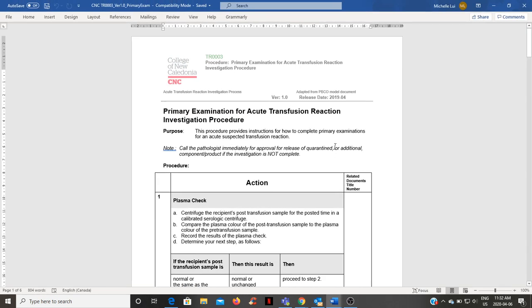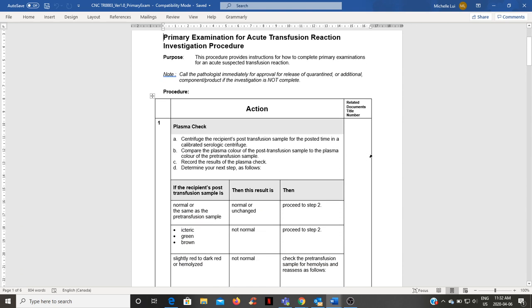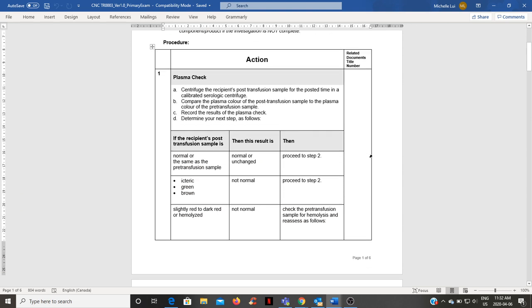Procedure 3, primary examination for an acute transfusion reaction investigation procedure. And again, that same note is here. Call the pathologist immediately for approval of release of quarantined or additional product if the investigation is not complete. So good thing that wouldn't be up to you to decide.